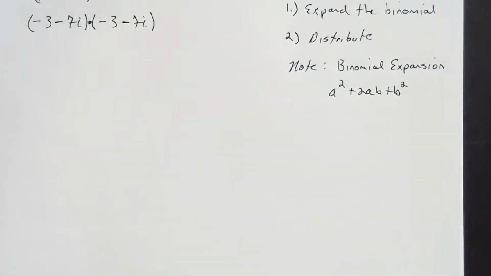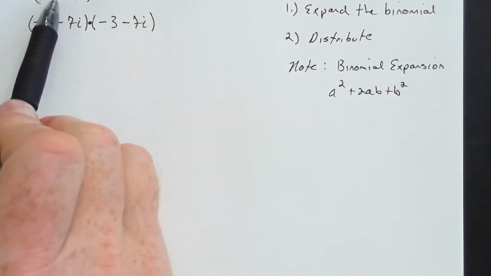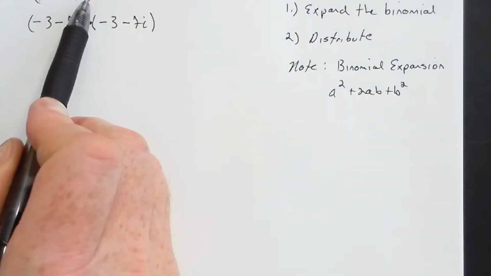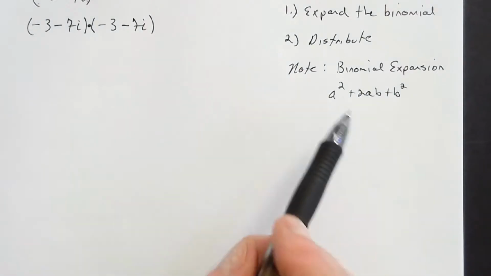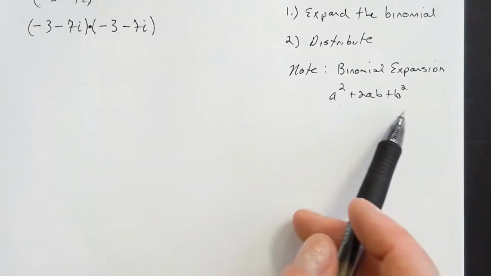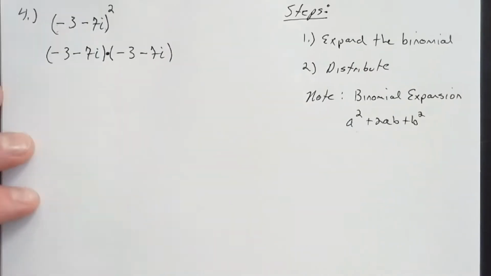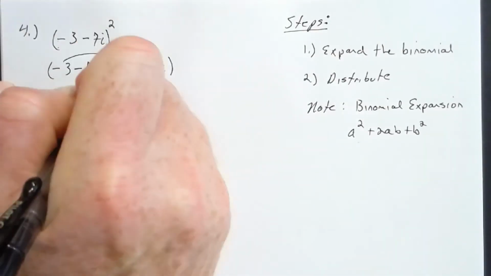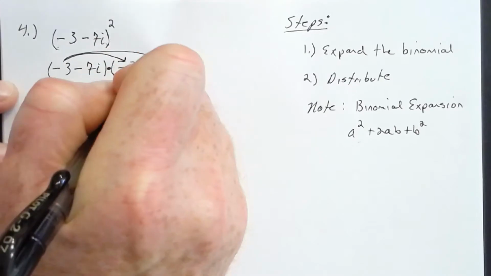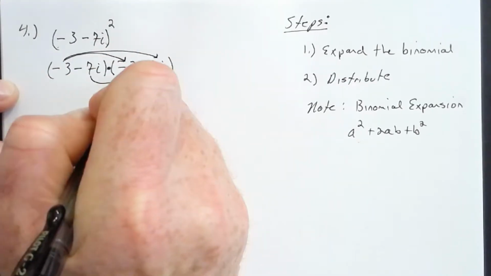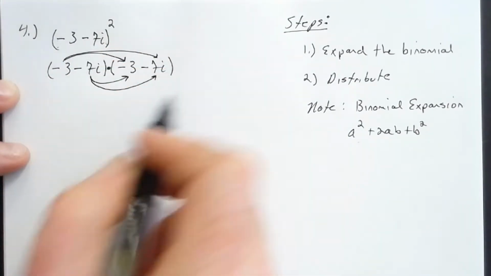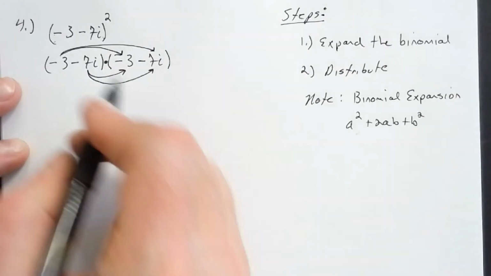A squared plus 2ab plus b squared. So our a is negative 3 and our b is negative 7i. So technically we could just plug it into this little formula right here, but we don't have to really memorize anything. We know we have to distribute. And so if we do distribute this thing, then what we have is minus 3 times minus 3 is 9.